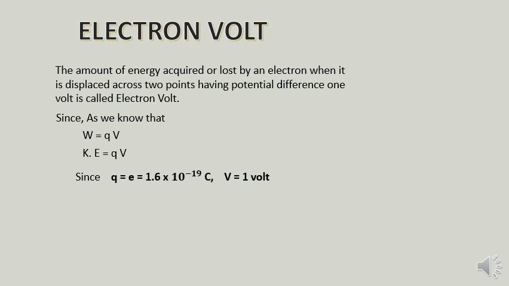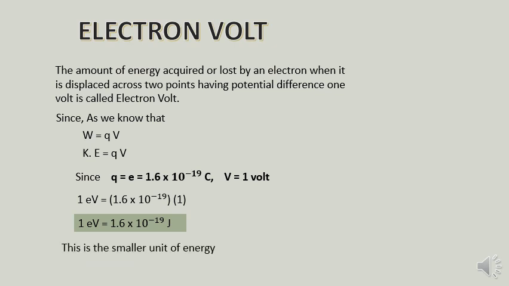Since Q is equal to 1.6 into 10 raised to the power minus 19 coulomb, because here we talk about the electron and the voltage between two plates is 1 volt, so 1 electron volt is equal to 1.6 into 10 raised to the power minus 19 into 1, and 1 electron volt is equal to 1.6 into 10 raised to the power minus 19 joule. This is the smaller unit of energy at atomic level.